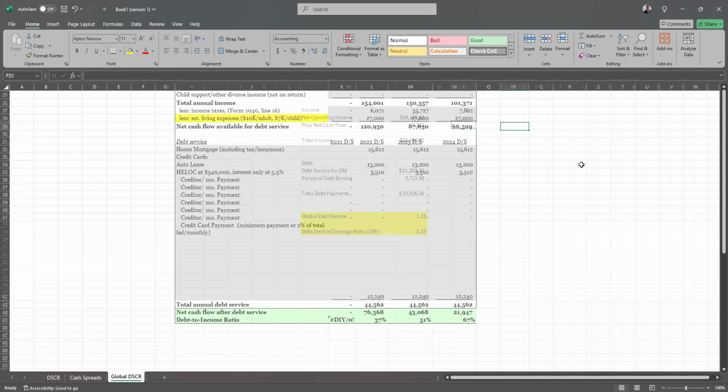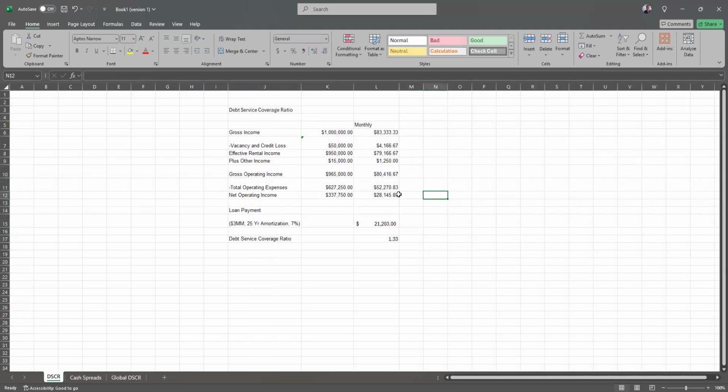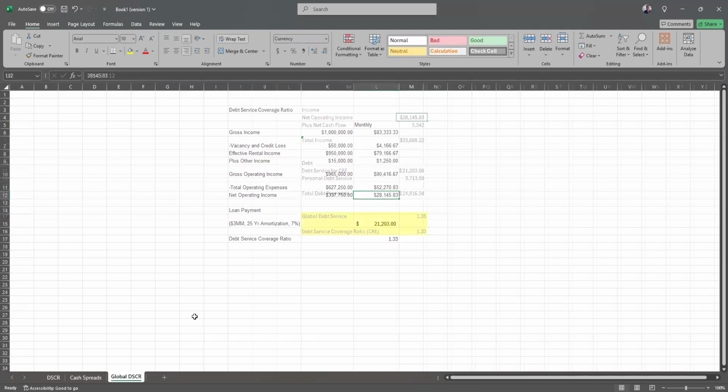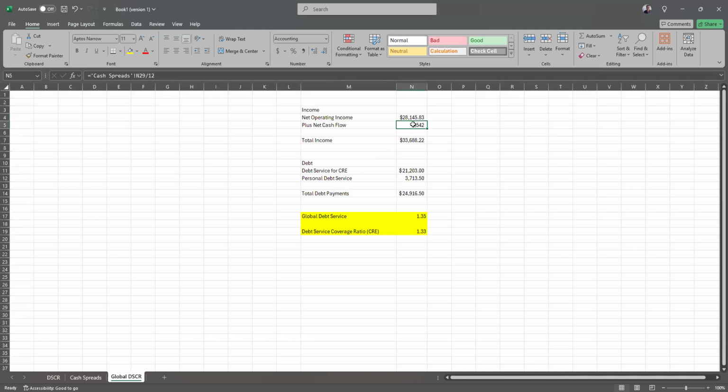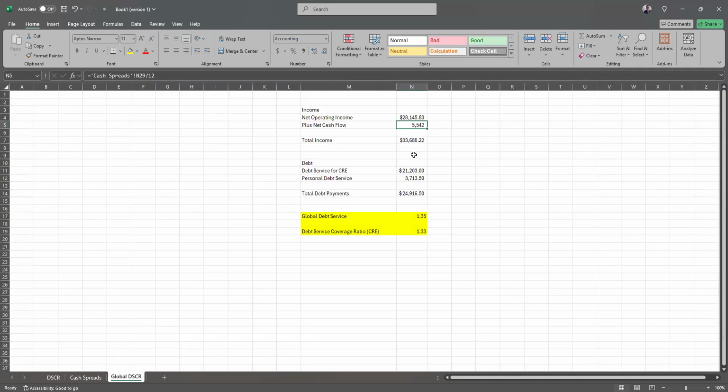It's very, very simple. We're going to take the net operating income from what we're buying or refinancing, in this case, right here. We're going to take the net cash flow from us individually, which is roughly this down here, divided by 12. This is our total income. Same thing here for debt: your debt service for your CRE is here, and personal debt service is here, coming off those numbers.